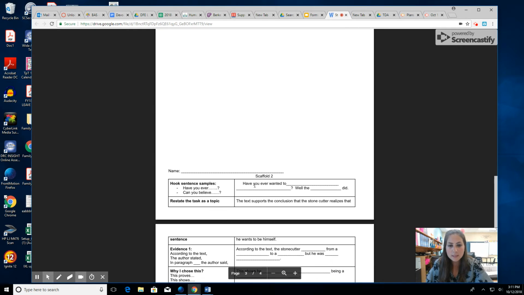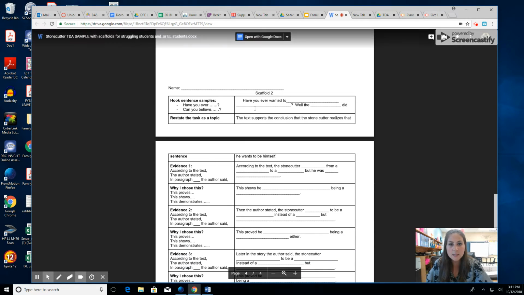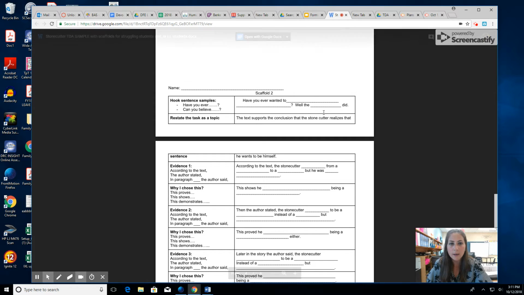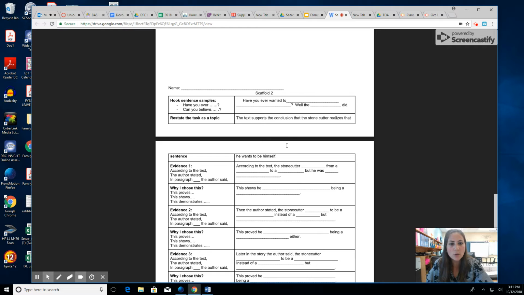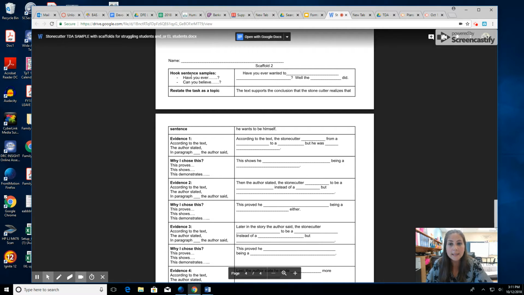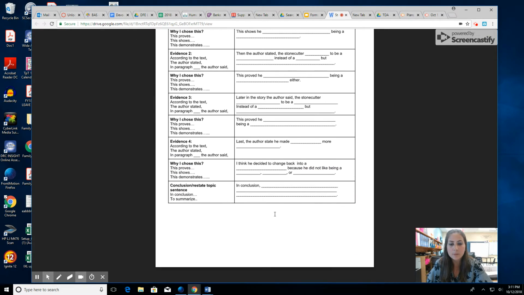Then if we move on to my next scaffold, as you see, there's even more support here. Over here, I'm using sentence stems, and they're just going to be filling in the blanks. On the side, I also have the graphic organizer to help the student fill in these blanks.